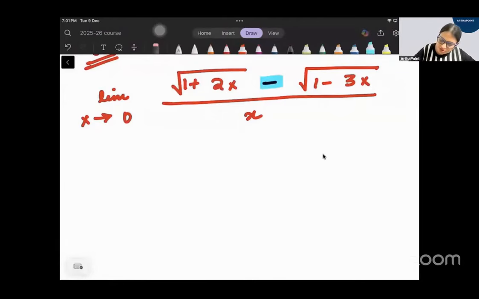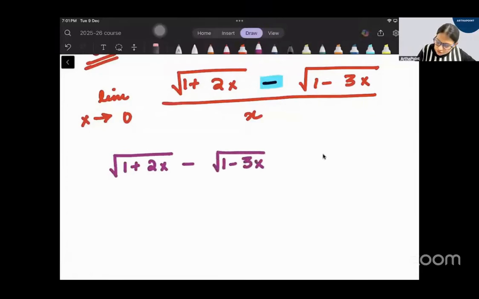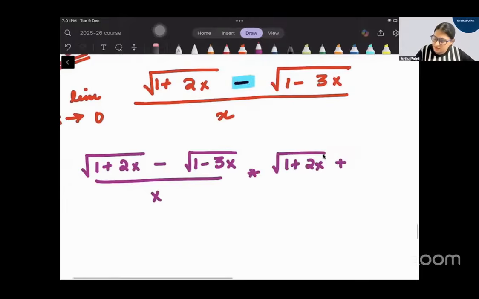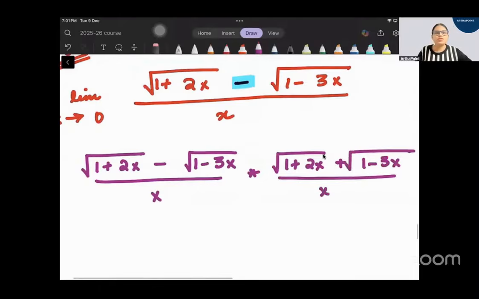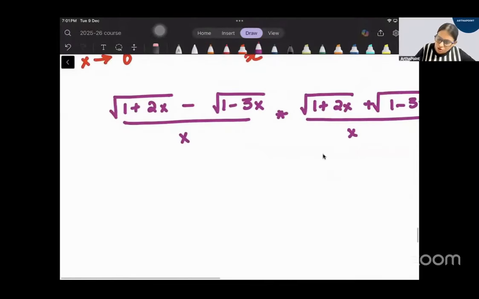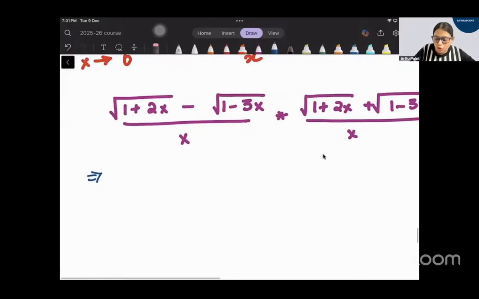तो कैसे करेंगे हम इसको? We'll say 1 plus 2x under root minus 1 minus 3x under root upon x into 1 plus 2x under root plus 1 minus 3x under root upon the same. Okay. So we use the property that a minus b into a plus b is a square minus b square.